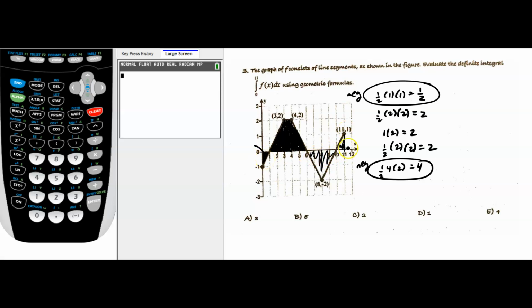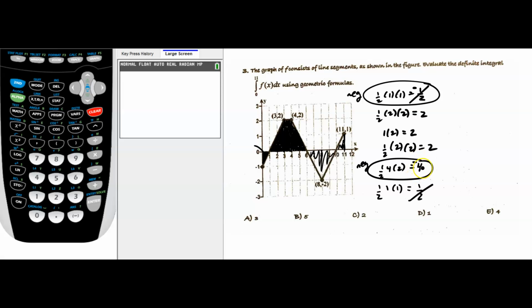And then this 1 times 1, and we're doing half of 1 times 1 because it's a triangle. That's equal to another 1/2. So as I compute the total here, you could just add this up where you make this, in fact, a negative, and you make this one a negative. And so you can see that this negative 1/2 from the beginning is actually going to offset with a positive 1/2 at the end.